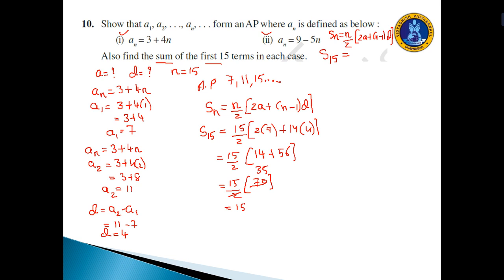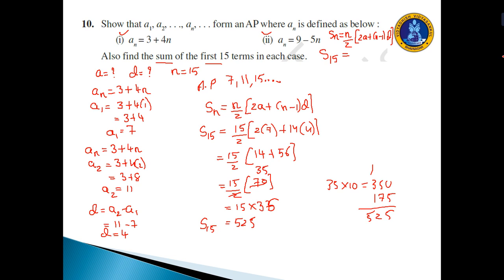So 15 into 35. So 35 into 10 करेंगे तो 350. 350 का हाफ करेंगे तो 175. So we get 525. So 525 is the answer of S15.